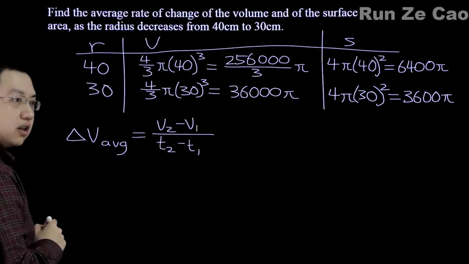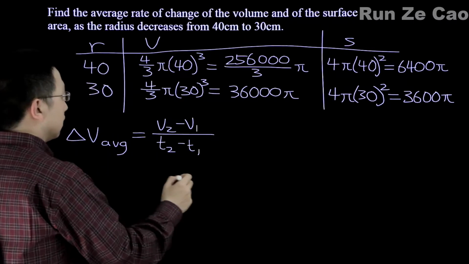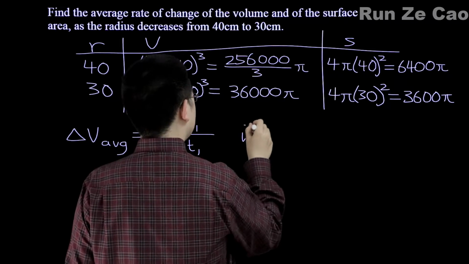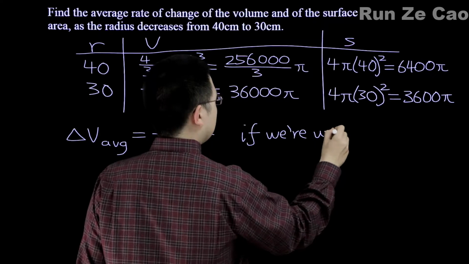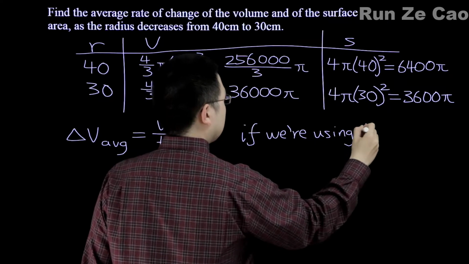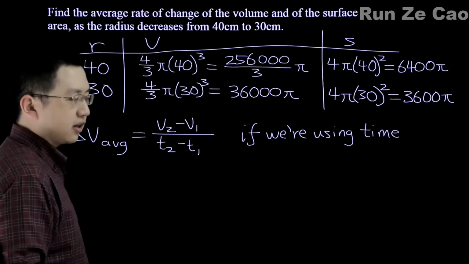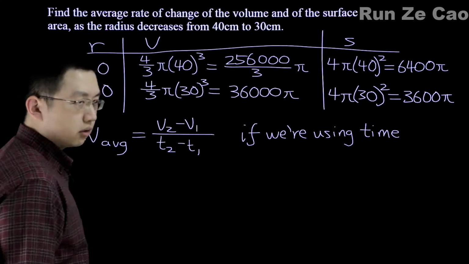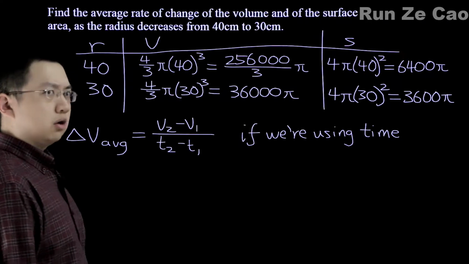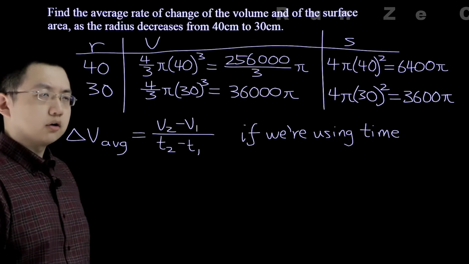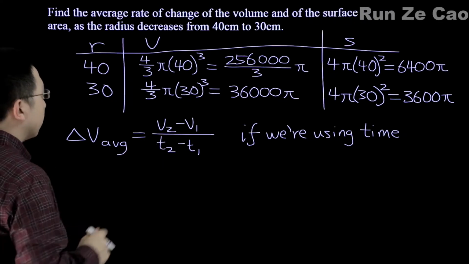We're not dealing with T. So what we should be using instead, this is the usual form if we're dealing with time. That would be loss of however many cubic centimeters per second or per hour. But here we're doing cubic centimeters lost per centimeter of radius. So this is going to end up being a little bit more awkward.